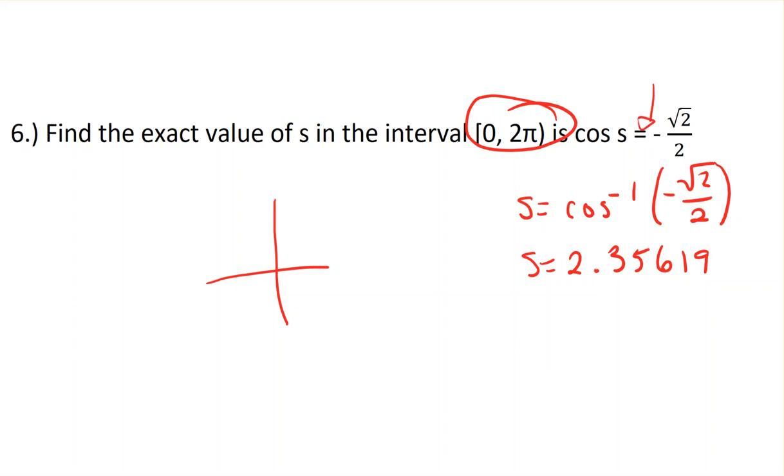So cosine is negative. So all students take calculus, and so cosine has to be within the second and the third quadrant. I'm sorry, this 2.35 refers to the second quadrant because if you think about what pi is, that's right here, that's approximately 3.14, so it's shy of that.